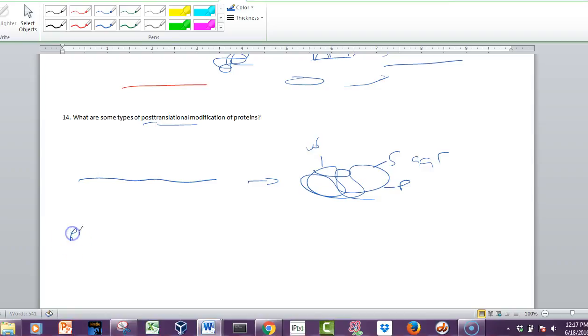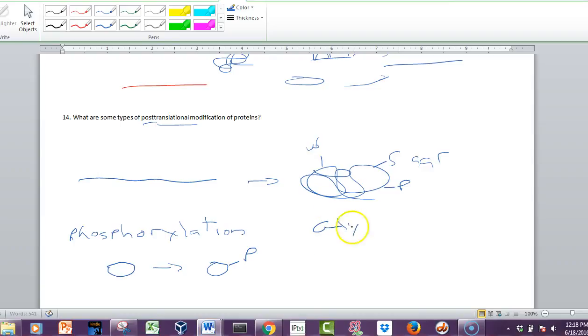Phosphorylation is just adding a phosphate, and that's very common. The idea is that you make a protein, but maybe you don't need it quite yet. You want to have it around in case you need it later. So the protein will be inactive until it gets phosphorylated. You have your protein, it's inactive, then you add a phosphate, and now it's active.